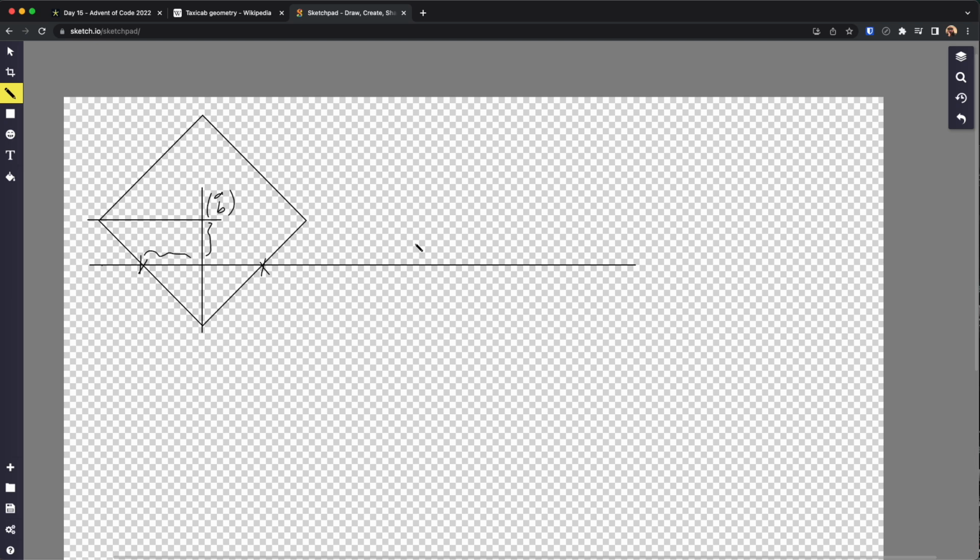This point, we know the y value for this because this is lying on this line, but we need to have the x.